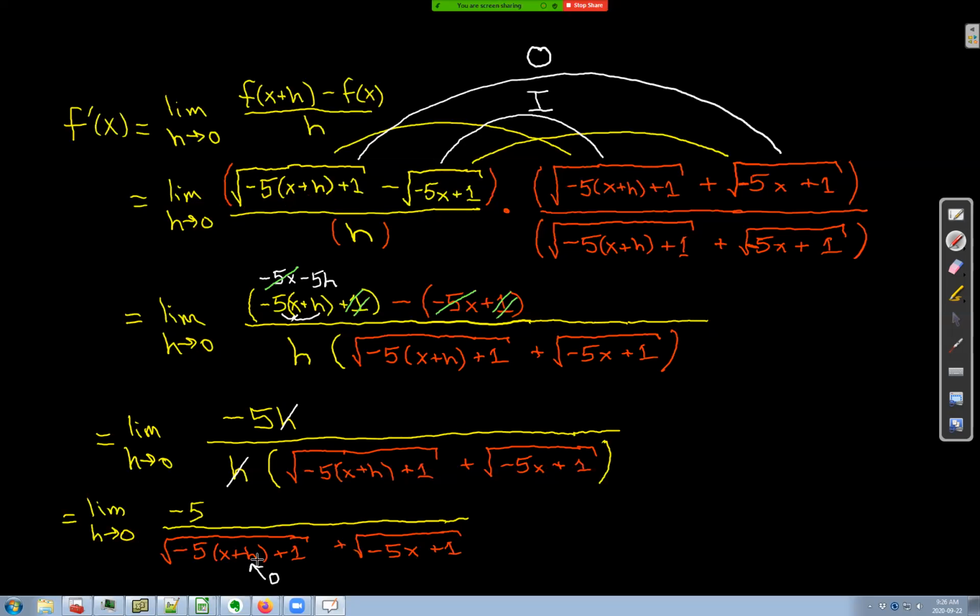There's only one h left in this expression, and I can set that h equal to 0 now, because that's what the limit is, and I won't get 0 over 0. I'll actually get an answer. And so I think we're done.